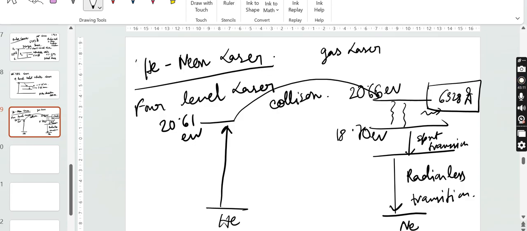This photon travels through the gas mixture moving parallel to the axis of the tube. It's reflected back and forth by the mirror ends until it stimulates an excited neon atom and causes it to emit a fresh 6,328 angstrom photon in phase with the stimulating photon. This stimulated transition from 20.66 electron volt to 18.70 electron volt is the laser transition. And this is a tunable laser.